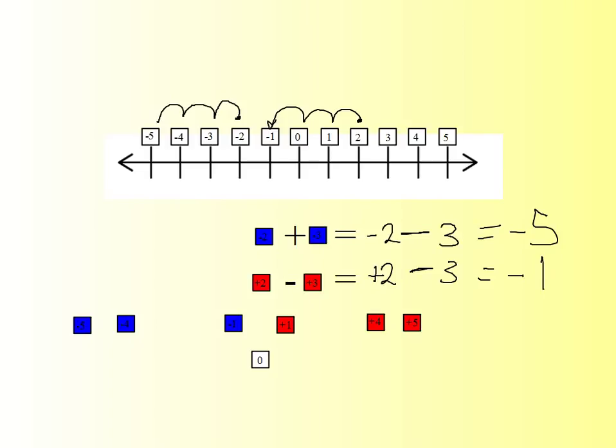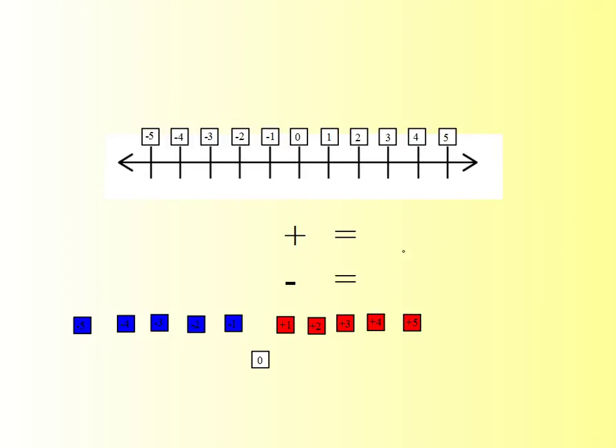So in order to recap, pay close attention to this. We're saying that when the operator here, the plus, and the next symbol is also a plus, then we're going to let them become a plus. And here, if the operator is a minus and the next symbol is a minus, let's add some numbers here, then we're going to make them work together and become also a plus. And whatever number was here is where we start on the number line.